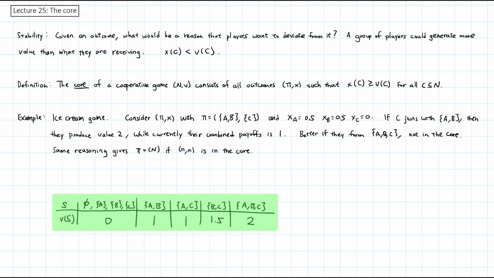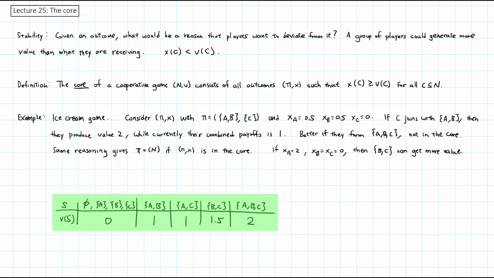But just having the grand coalition as the coalition structure is not enough. If the payoff vector is, say, x_A is 2 and x_B and x_C are 0, then this is also not a stable outcome. B and C could get more value if they break away from the grand coalition and form their own coalition instead.